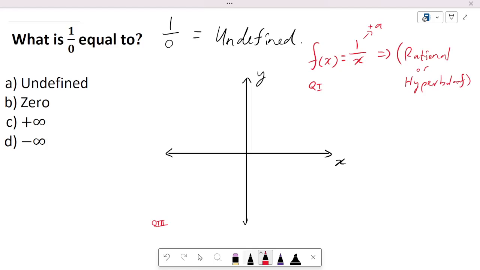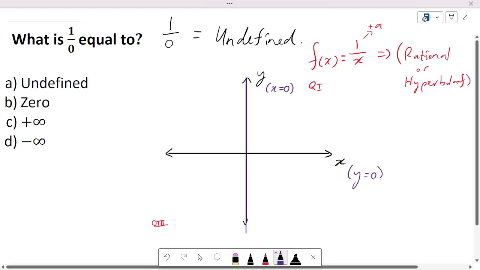We have two asymptotes. Now our asymptotes go as follows. We have our asymptote over here, which is y equals 0, right? That's our equation, which is exactly on the x-axis, like that. And now the x equals 0 line, which is exactly on the y-axis, like that.